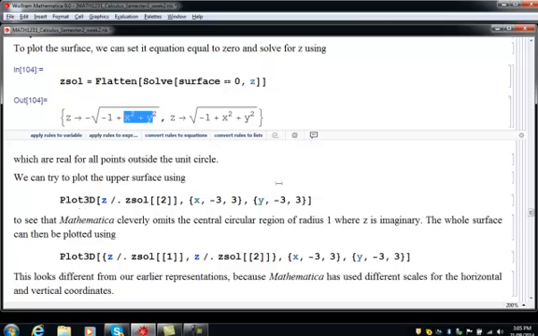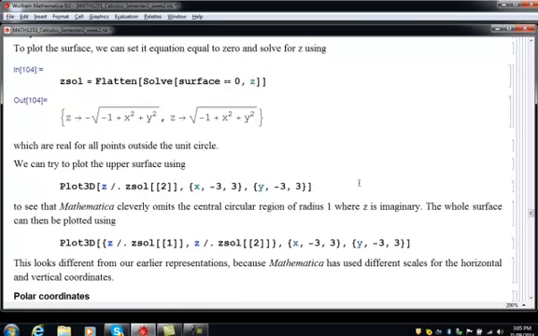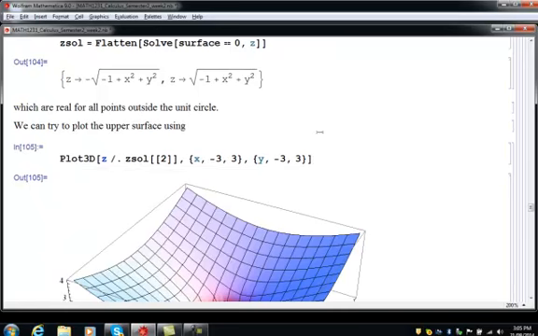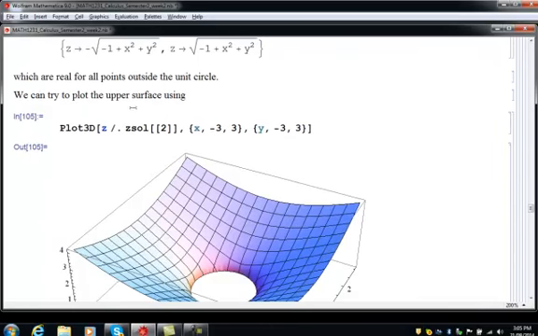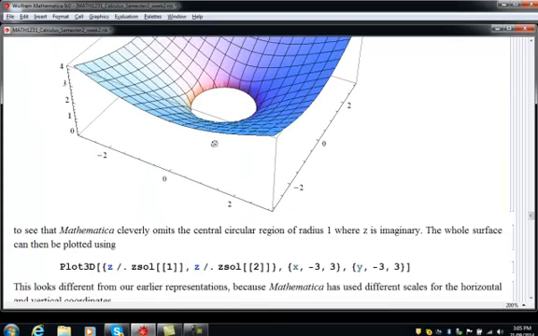So we can try to plot the whole thing using this. Plot is a Mathematica command which plots a function of x and y, which is given by z, the second solution, and it looks like that.